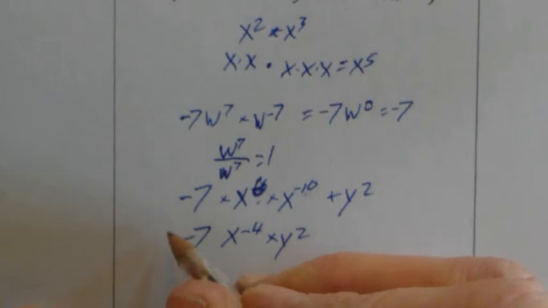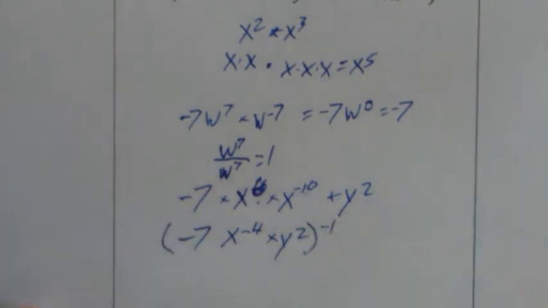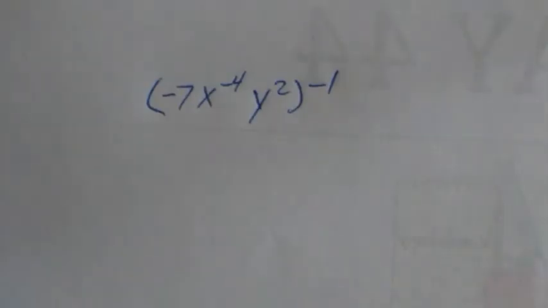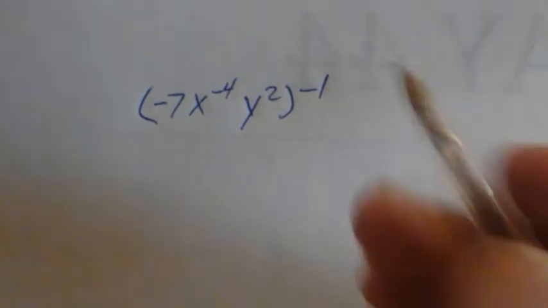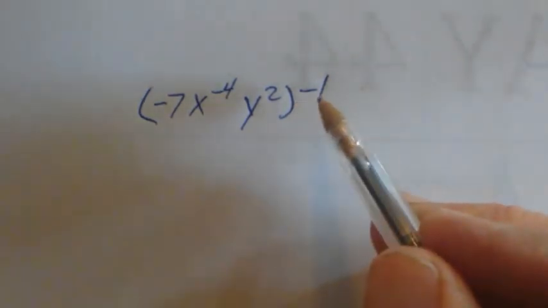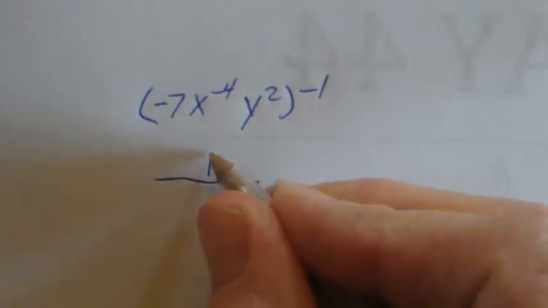But then it says, take all of this and take it to the negative 1st. So maybe the answer will appear as this on your multiple choice, but there are other ways that this might be written. So when you have a negative exponent, what you do is you put it on the bottom.